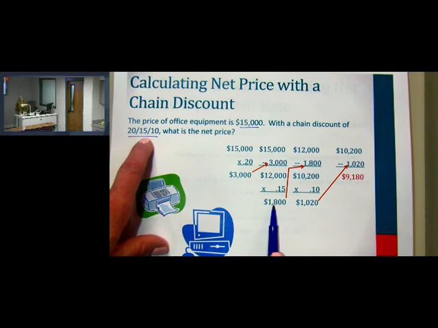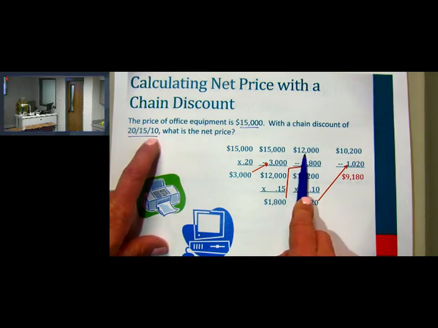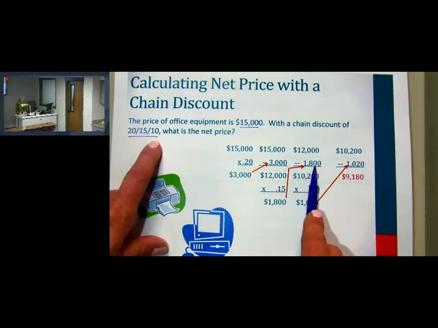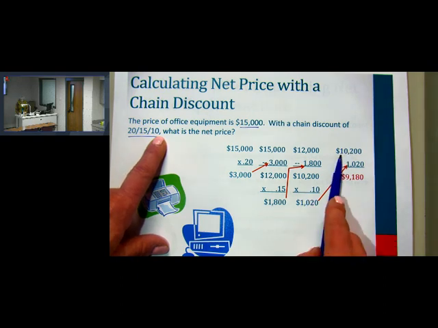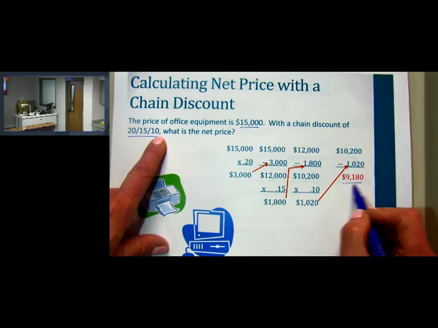It gives me a discount of $1,800. Take that off of my net. 12,000 minus the 1,800 gives me 10,200. Then I have another 10% discount. The discount on 10,200 is 10%, or 1,020. Take my 1,020 off of my net again, and now my final price is this one right here.